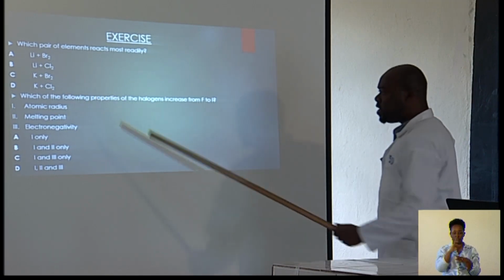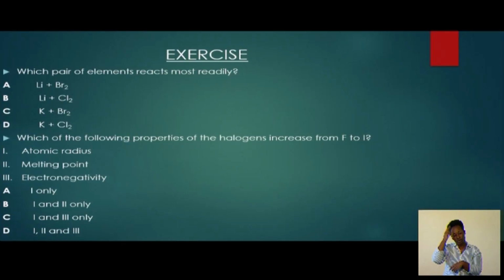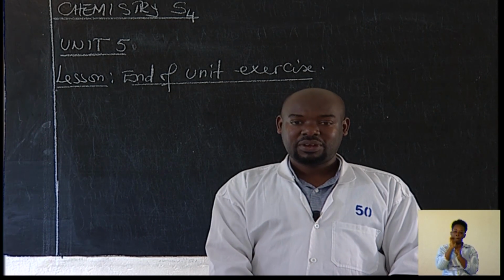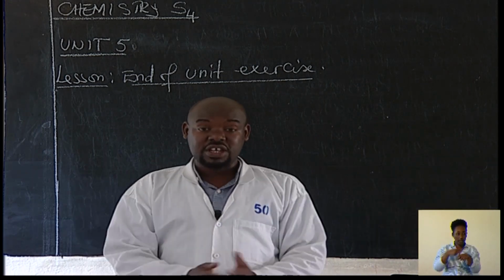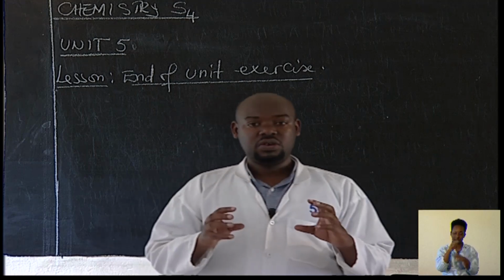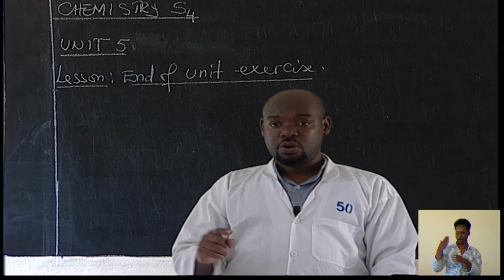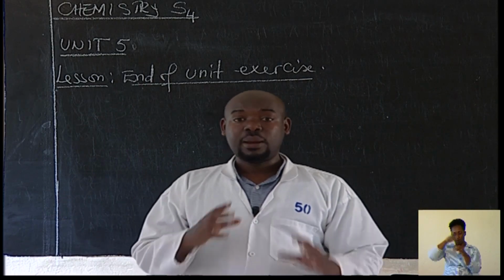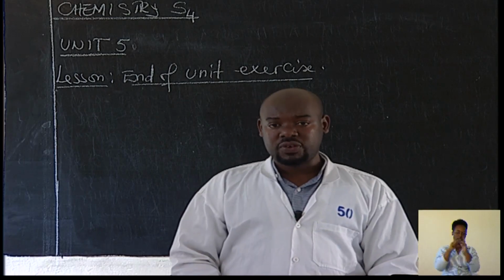But is it the atomic radius only? Let's remember what happens with the melting point. We've seen that as you move down the group, the atomic size increases. And we know from the last lesson we studied in this unit that melting point depends on the strength of intermolecular forces.